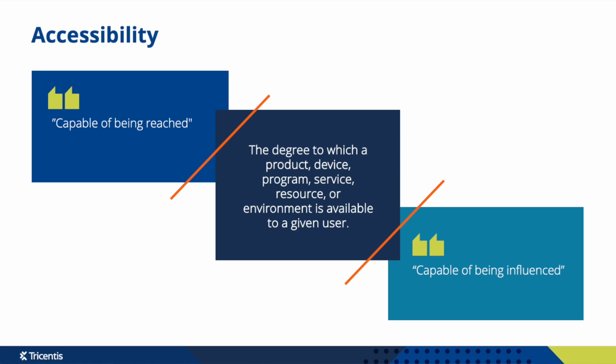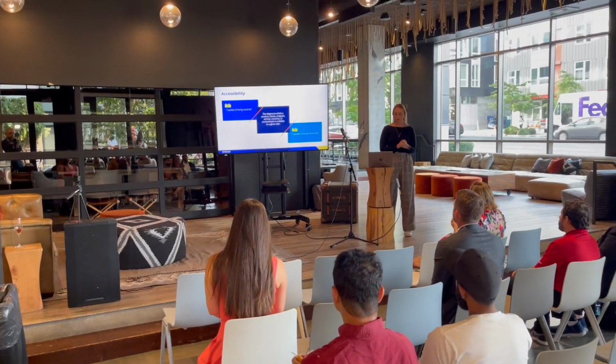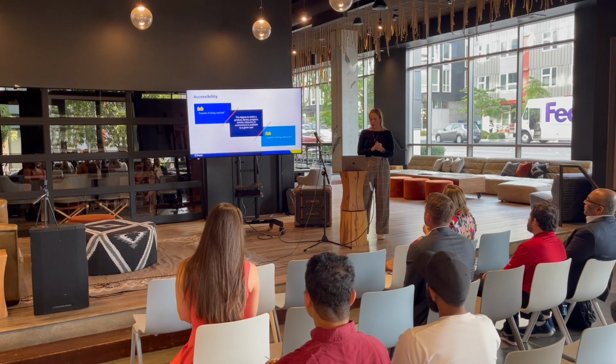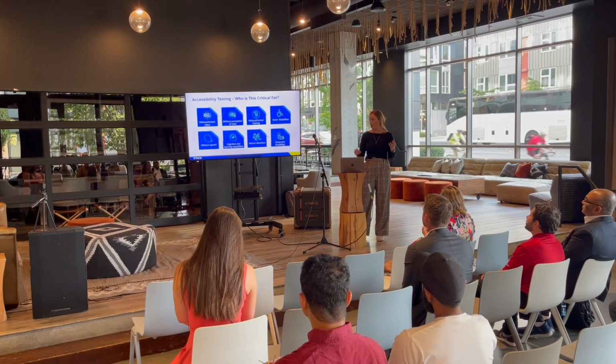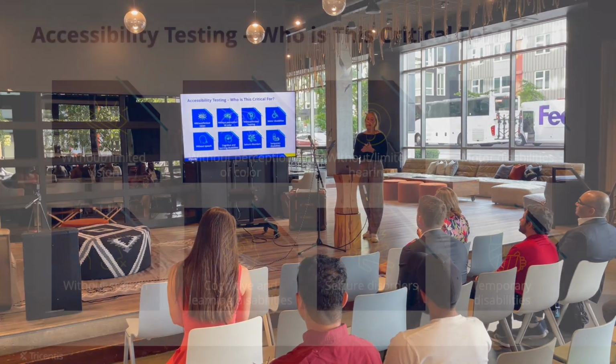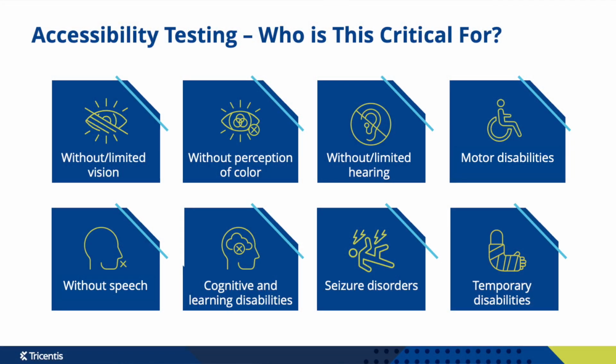I imagine everyone here probably has a decent understanding of what accessibility is, but here are a few definitions. Having the capability of being reached, the degree to which a product, device, program, service, resource, or environment is available to a given user, or having the capability of being influenced. So when we talk about accessibility, who are the folks we're referring to in the grand scheme of web and digital applications?